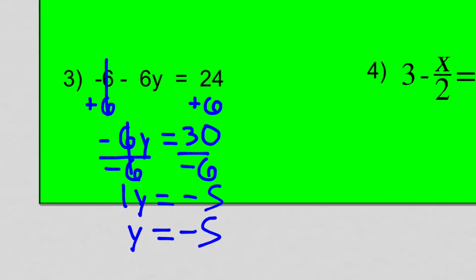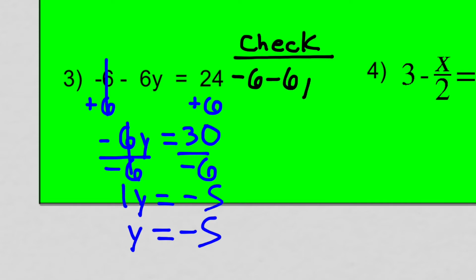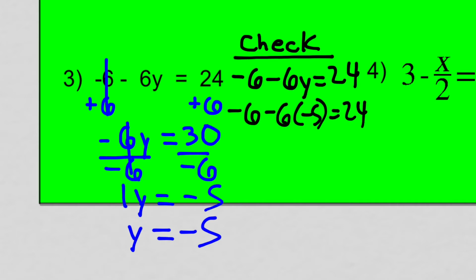And then we'll check it. Negative 6 minus 6y equals 24. Negative 6 minus 6 times negative 5 equals 24.